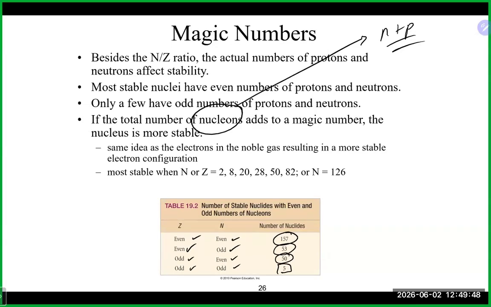Things are a lot more stable when neutrons or protons add up to 2, 8, 20, 28, 50, 82, and your Powerball number is 126 for your neutrons. Those are just some good numbers in terms of stability.